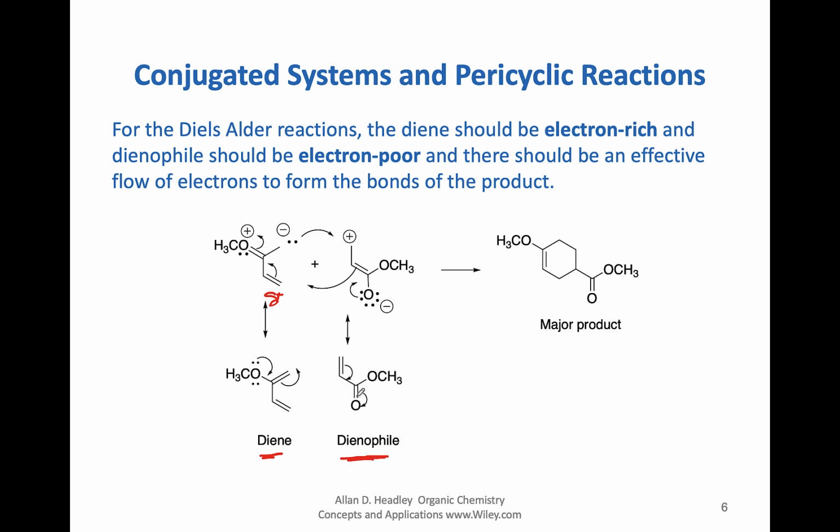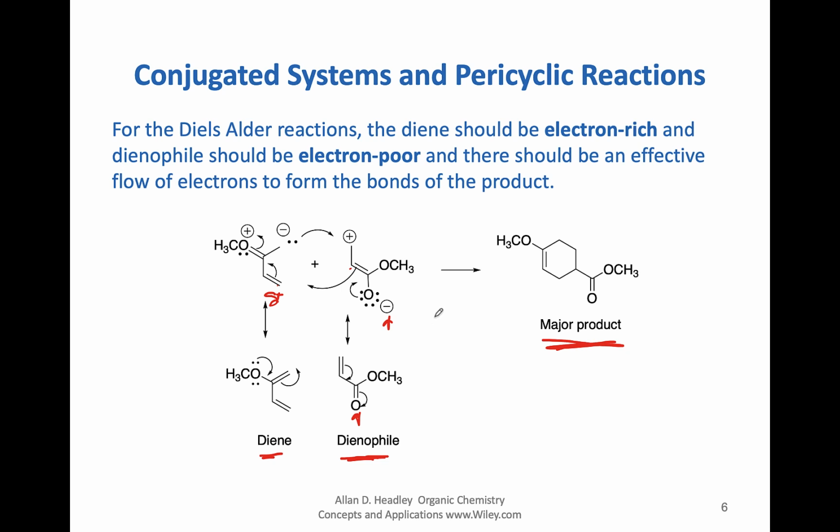So this is an electron withdrawing group, so these electrons can be drawn onto the oxygen as shown here. So this is negative and this is positive. This is a nice setup for the reaction to occur, where the negative will react with the positive, and here these electrons will come in and react with the partial positive. So this gives the major product here.